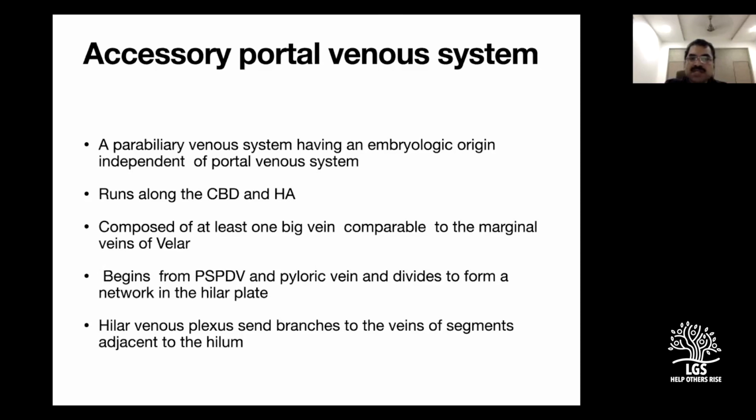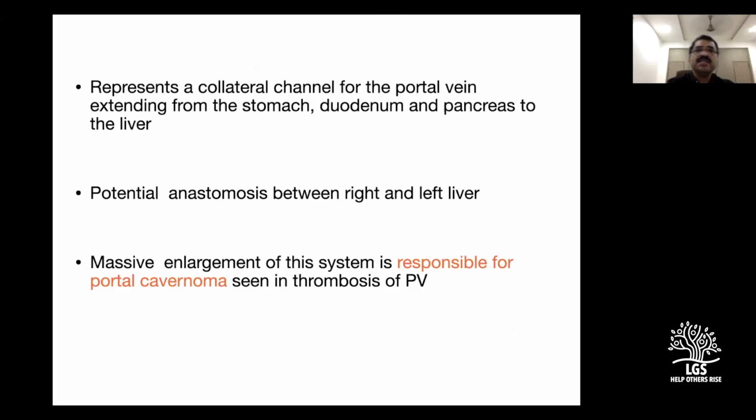And the hilar venous plexus branches to the veins of segments adjacent to the hilum, like the caudate lobe or the segment of the liver. So it represents a collateral channel for the portal vein extending from the stomach, duodenum and pancreas to the liver. So the flow of blood is always towards the liver through this channel, and it is a potential anastomosis between the right and left liver.